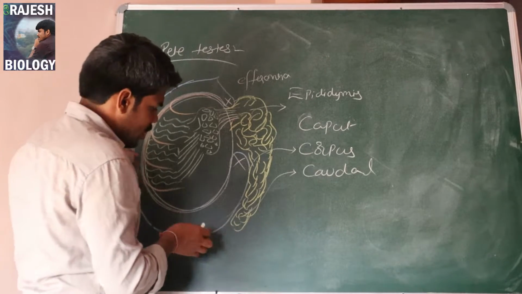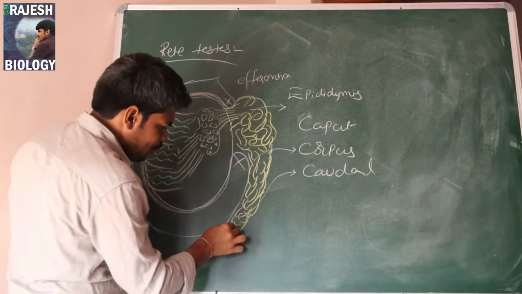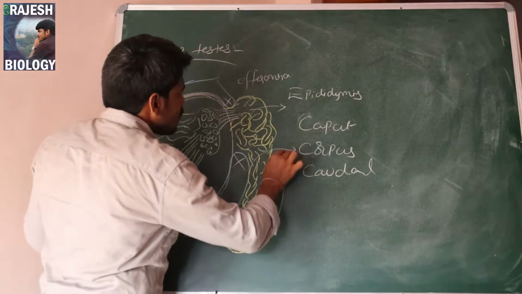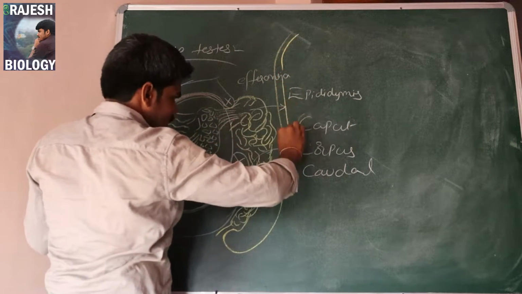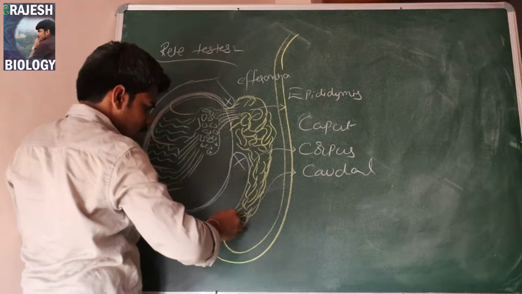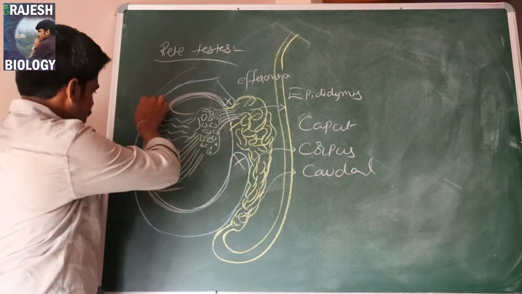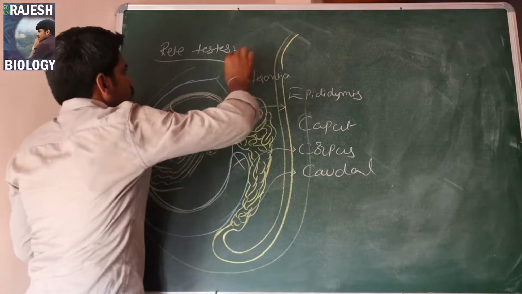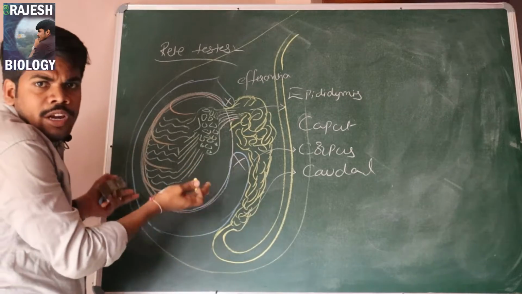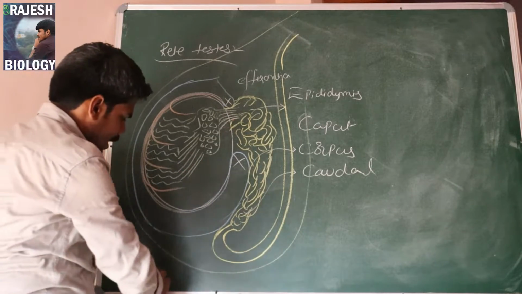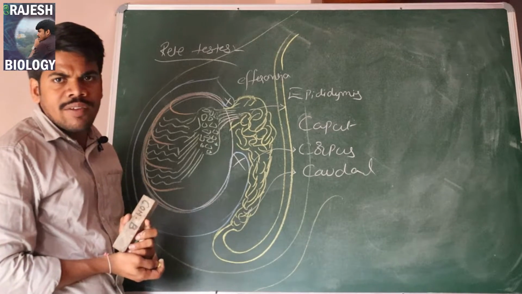This cauda epididymis gradually leads into the vas deferens. Gradually leads into what? Vas deferens. It's like this. And this entire thing is present in the spermatic cord. This is located in what? In the spermatic cord. This spermatic cord is present in the scrotal sac. So this is the scrotal sac which is present outside the abdominal cavity.